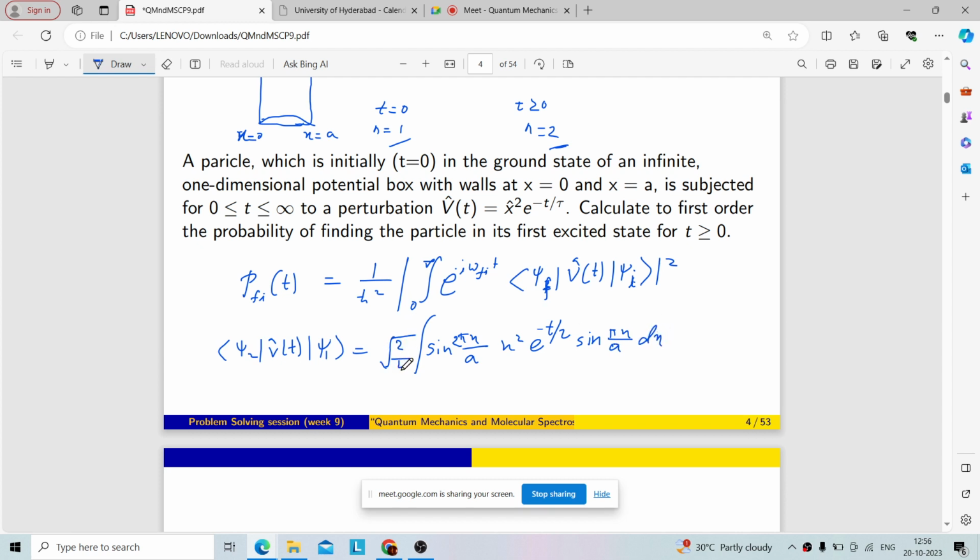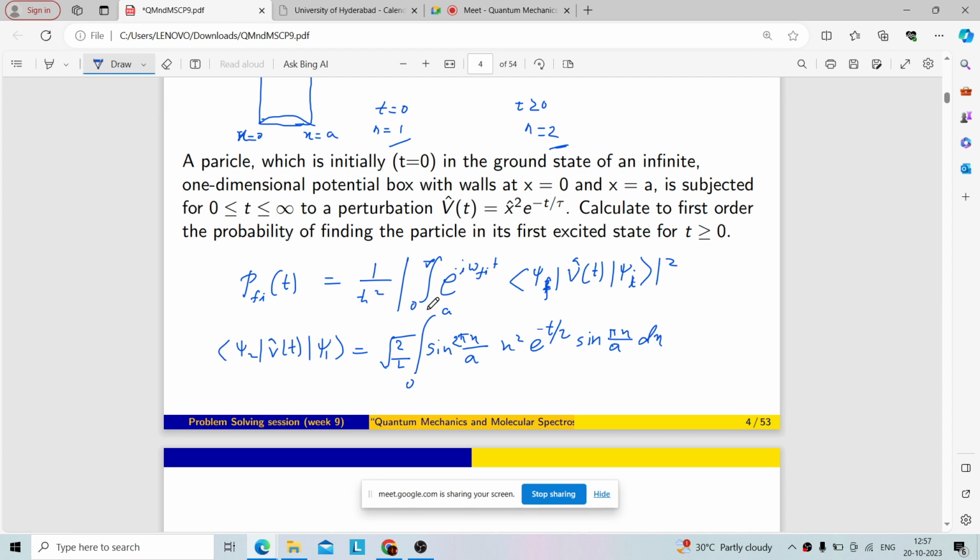And the limit will go from 0 to A. If it goes from minus infinity to 0 there is no potential, so it will be 0, and from A to infinity there is also no potential, so it will be 0. So writing 0 to infinity or 0 to A is the same thing.